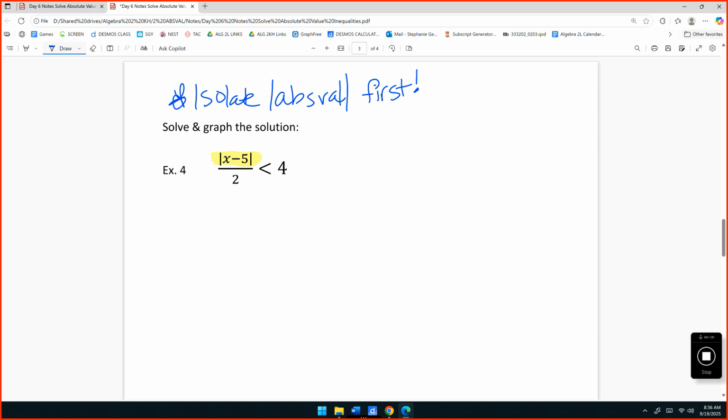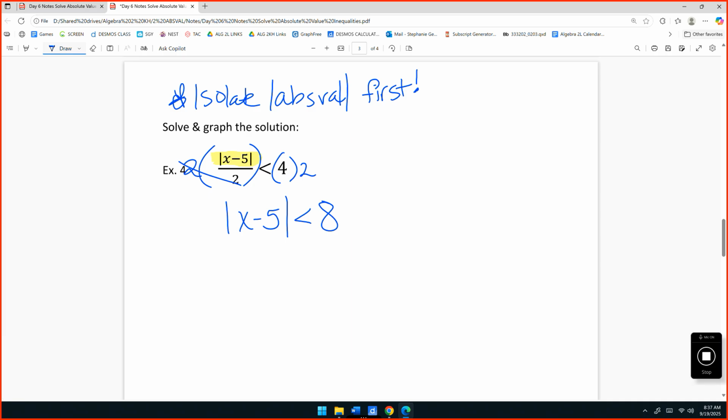Okay, so like, I'm not gonna decide if it's and or or until I do what to both sides? Times 2, yes, very good. So I'm gonna multiply by 2 first, because I don't technically have an absolute value inequality until I do that, right? So now I have absolute value of x minus 5 is less than 8.